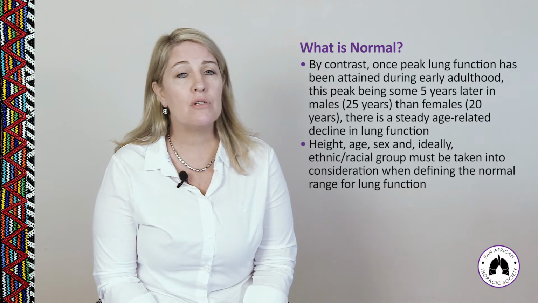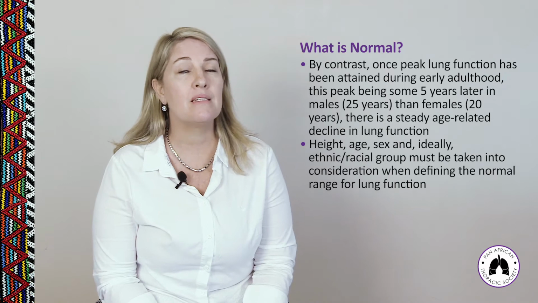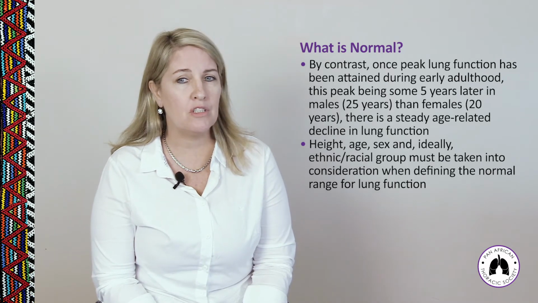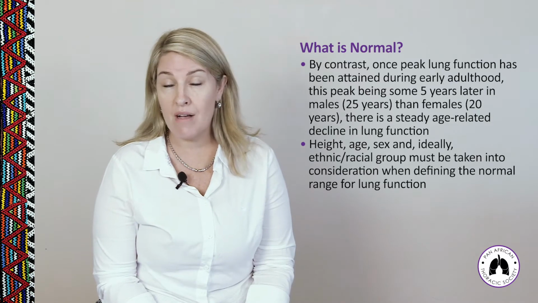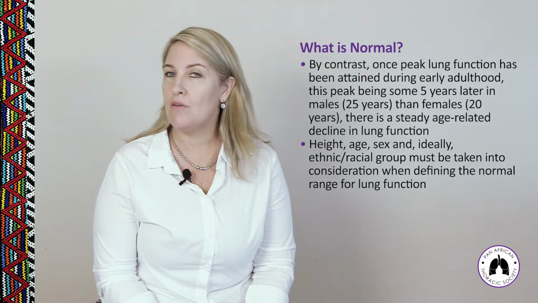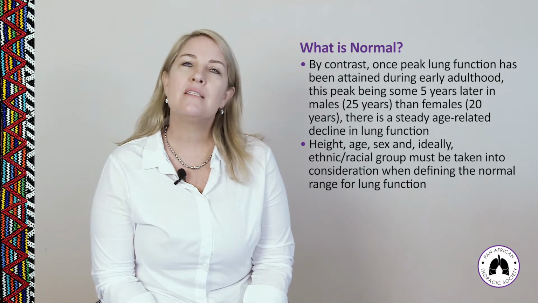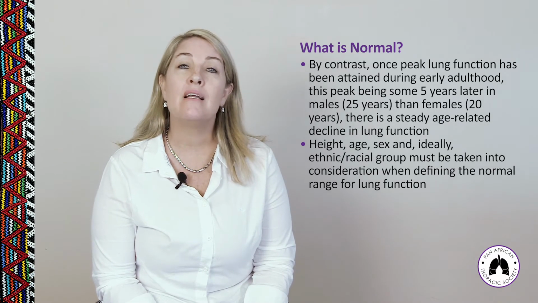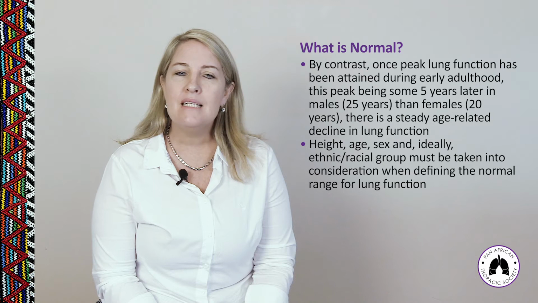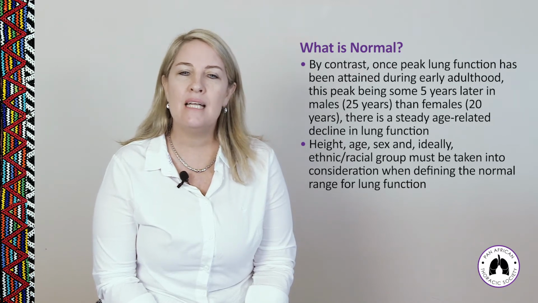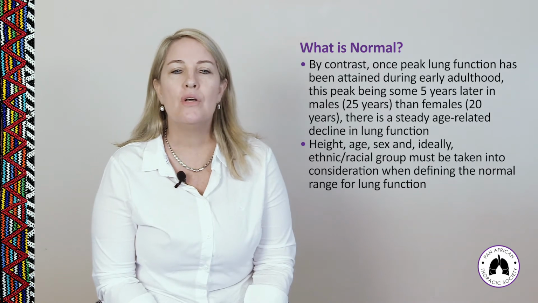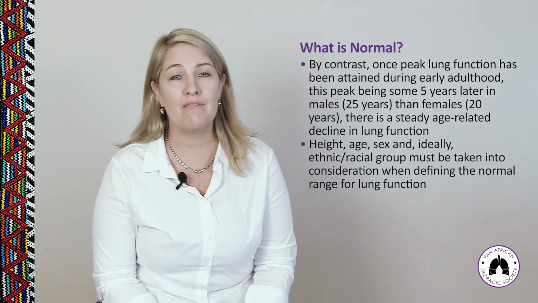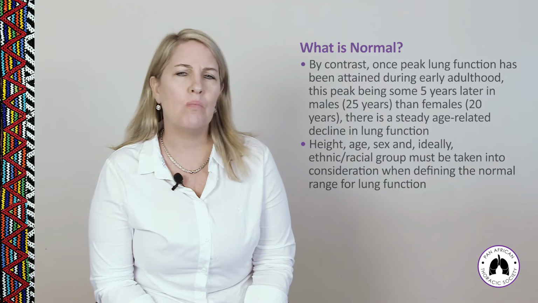By contrast, once peak lung function has been attained in early adulthood, this peak being some 5 years later in males at 25 years old than in females at around 20 years old, there is a steady age-related decline in lung function. Height, age, sex, and ideally ethnic racial group must be taken into consideration when defining the normal range for lung function. So what is normal?